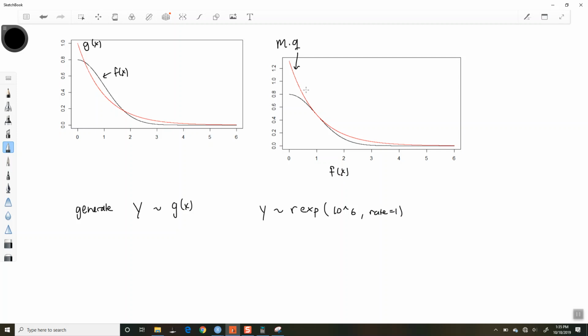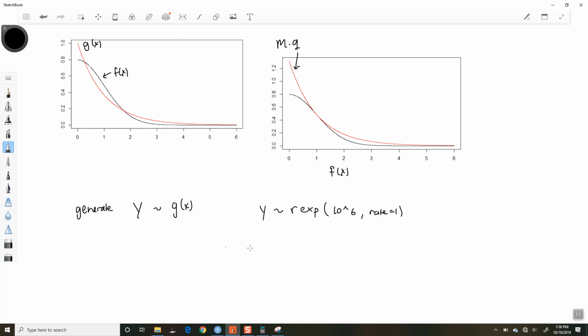And what we want to say is that the exponential is going to produce way too many values near 0. We don't want to accept that many. For the normal distribution, 0 is the most common value, but it's not as common as what the exponential distribution says. So we're going to calculate the acceptance ratio here.